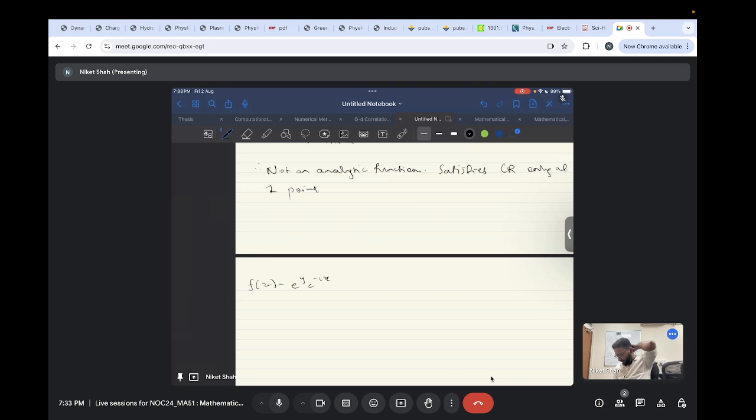This is the function. First we'll have to split it into u and v, the real and imaginary part. So e raised to power y can stay outside. e raised to power minus ix is cos x minus i sin x.